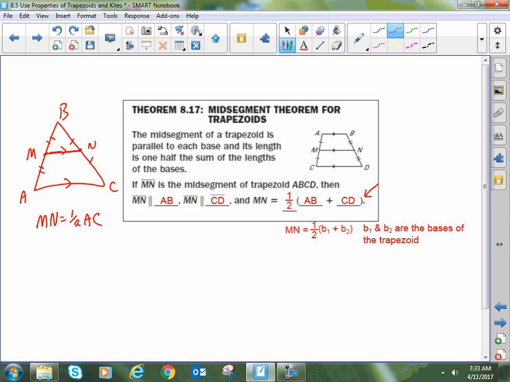If you were going to look it up in a textbook, or Google it, or if it was on a formula chart somewhere, this is more appropriate for what you'll actually see, where it says one half of base 1 plus base 2 is equal to the midsegment. So just keep that in mind when you go forward working on these types of problems.